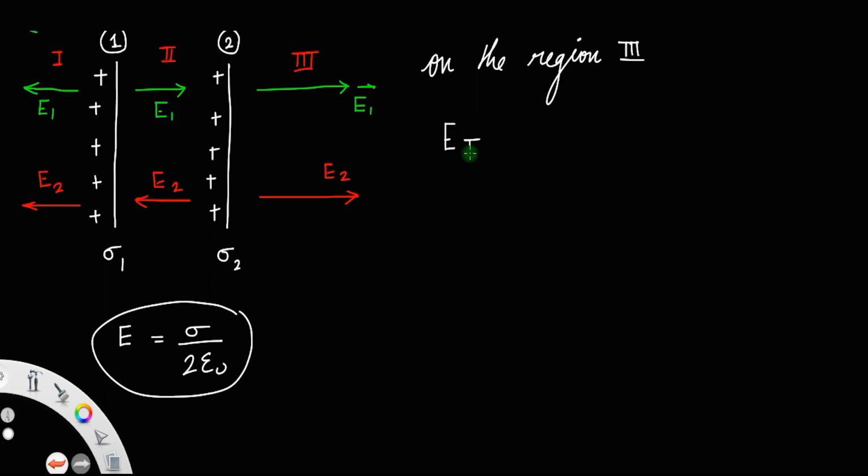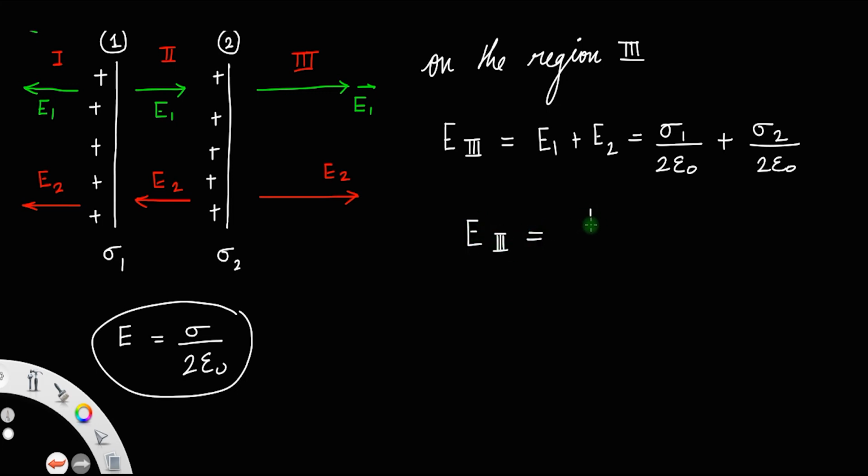The net electric field E3 has both fields directed towards the right, so it will be E1 plus E2. That is equal to sigma 1 by 2 epsilon 0 plus sigma 2 divided by 2 epsilon 0. So E3 will be 1 by 2 epsilon 0 times (sigma 1 plus sigma 2).